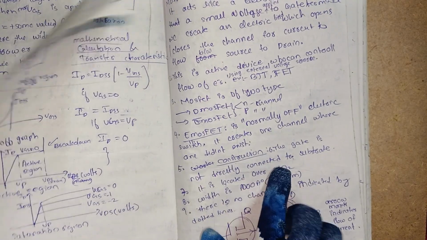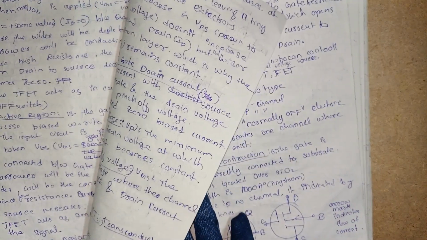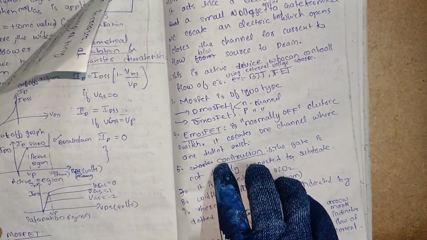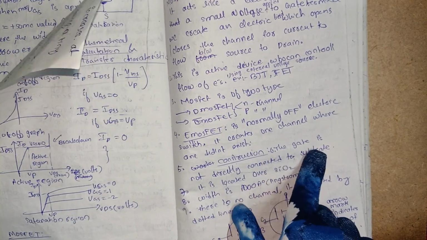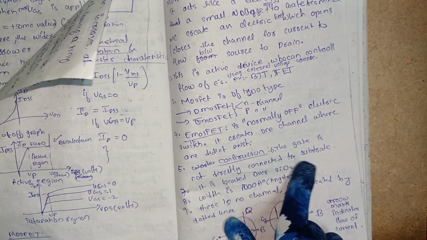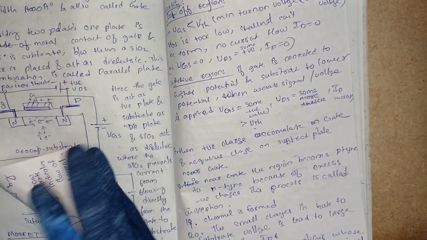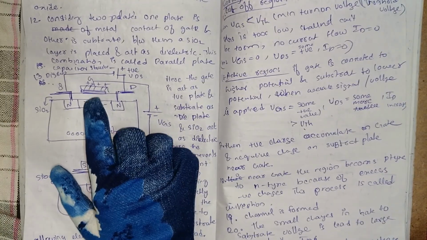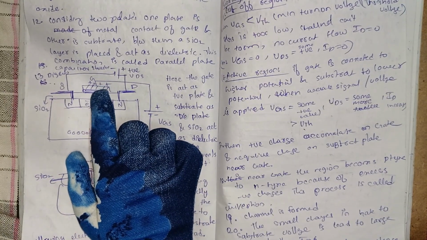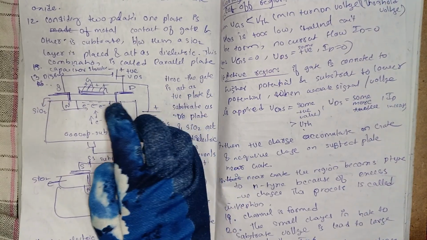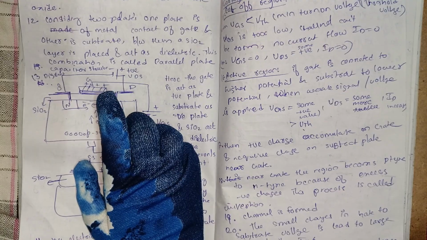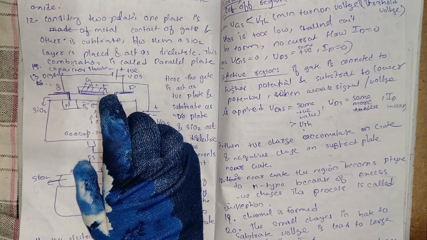Then we will see the construction of it. The gate is not directly connected to the substrate. Here is the gate. So this is the N channel E MOSFET diagram.